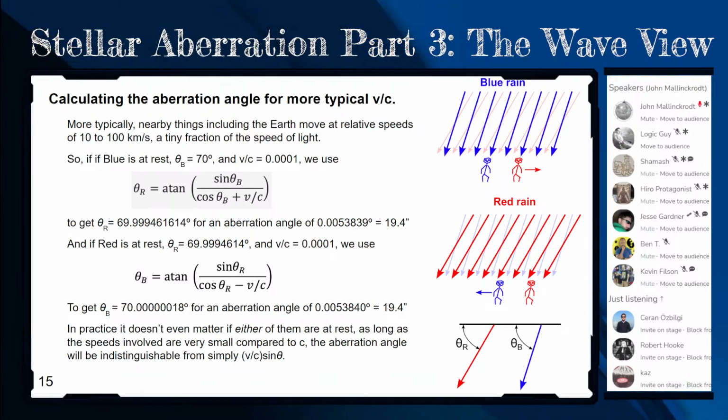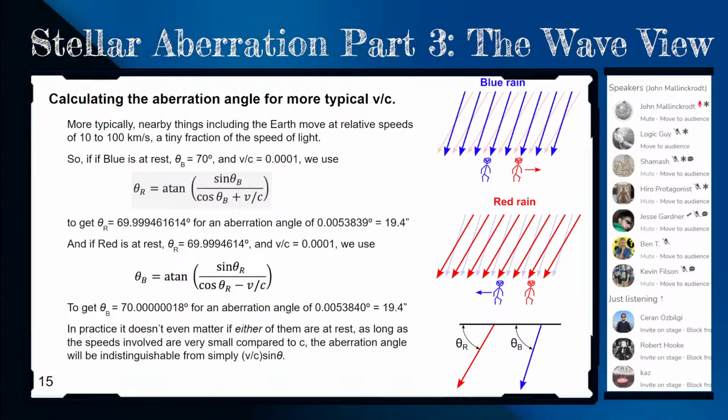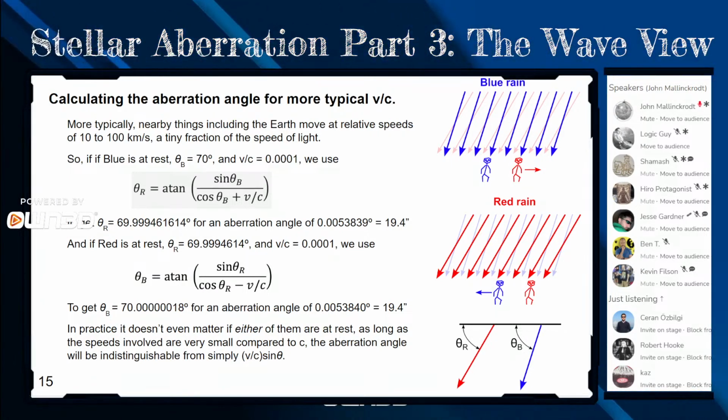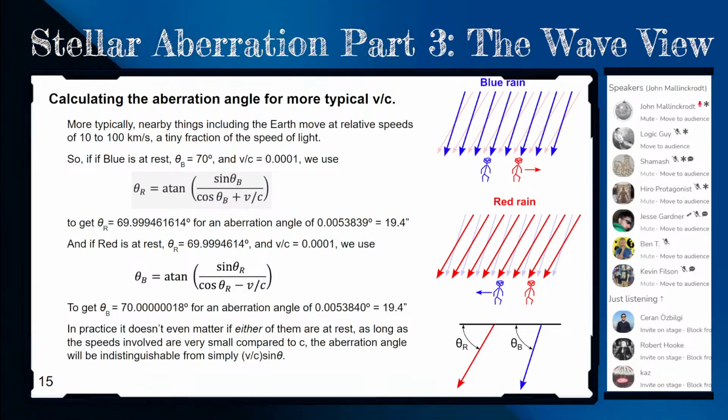That's hence my glib comment about significant figures. Yeah, right. And I should have done that in this case. If you just take v over c times sine theta and put in either 70 degrees, or 69.99464 degrees, or 70.000018 degrees, any of those angles, you'll get 19.4 seconds.